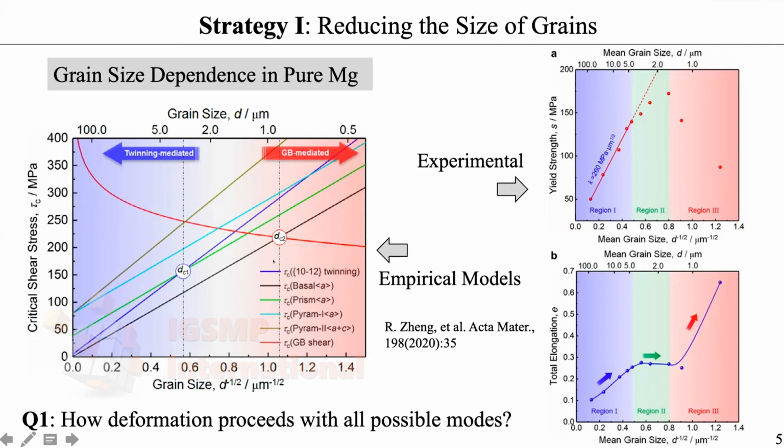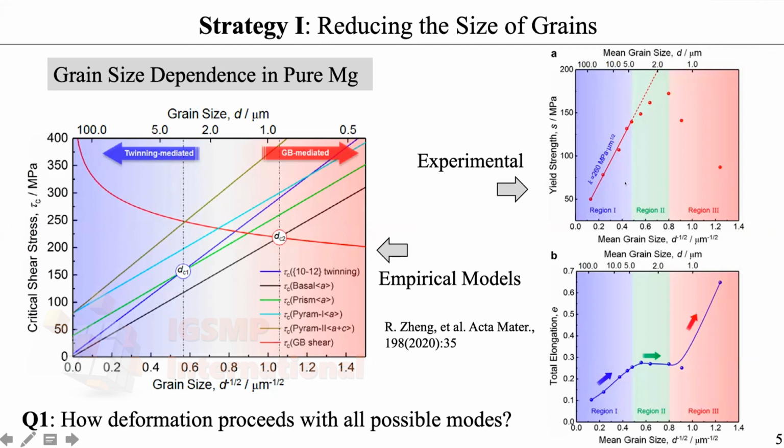So in principle, if we reduce the grain size, we will be able to bring the relative activity of all the slip systems closer. And also the twinnings will go with slightly different curves, but the same rules here. That will in principle give us better strengthening, because we make the movement of the slip systems a little bit harder, and also make their values a little bit closer.